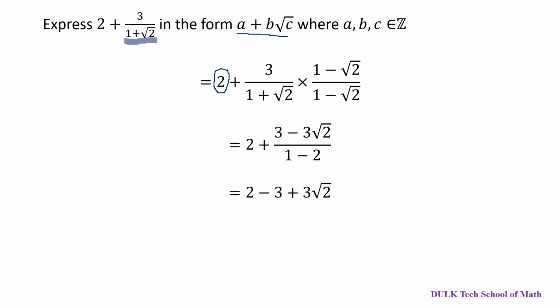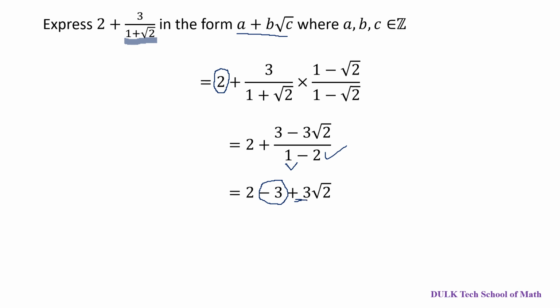Because if we subtract 2 from 1, we get minus 1. Minus 1 into 3, we get minus 3. Minus 1 into minus 3 root 2, we get positive 3 root 2.